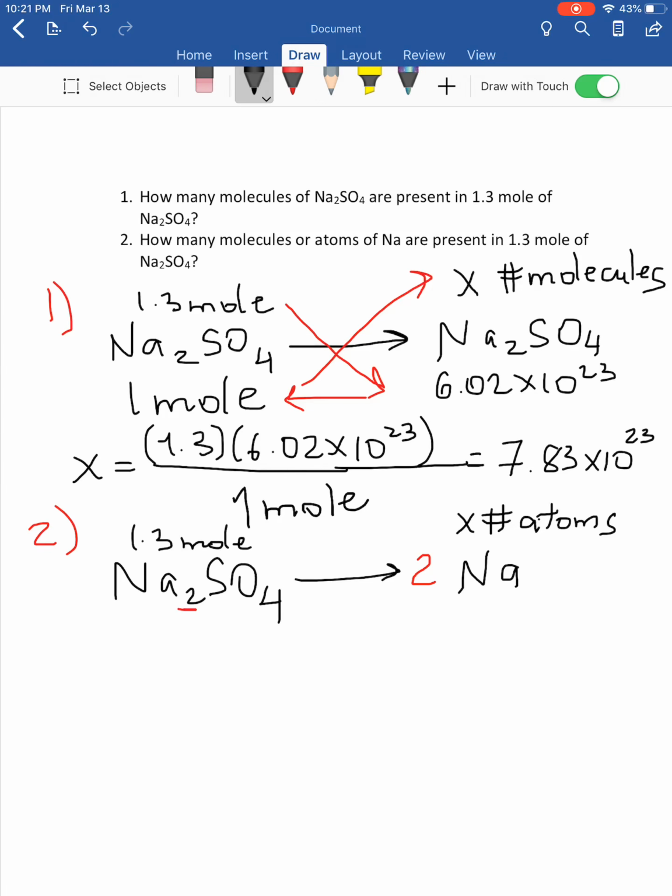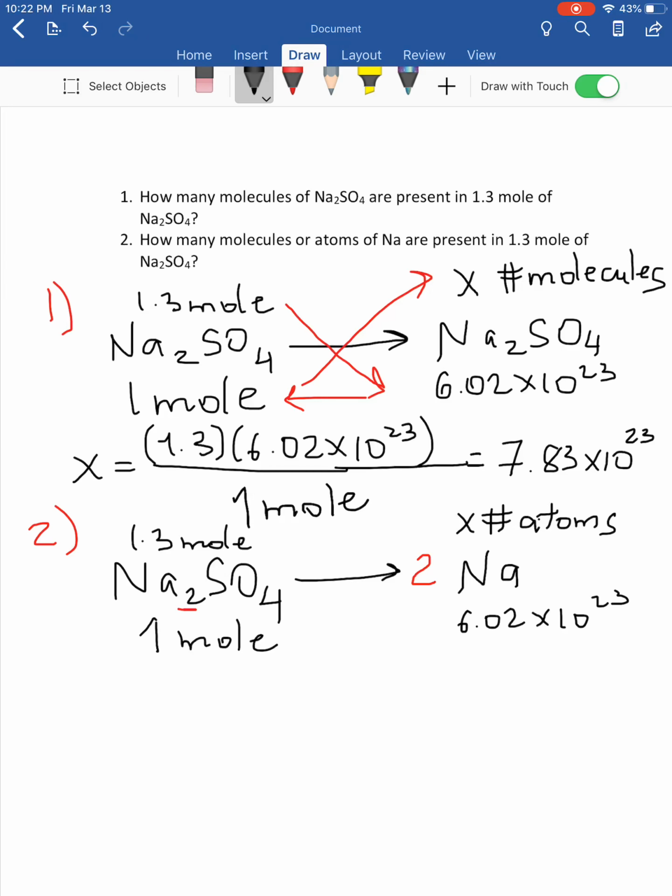All we have to do now is set up the bottom in normal condition. On the left side we just write 1 mole. On the right side, since the number of atoms is on the top, on the bottom it's going to be again Avogadro's number, 6.02 times 10 to the 23.